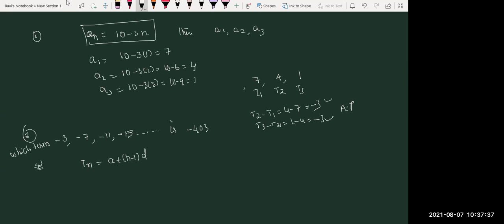They're asking which term. We don't know which term, right? Let it be the nth term of the series. D means common difference, minus 4, sir.